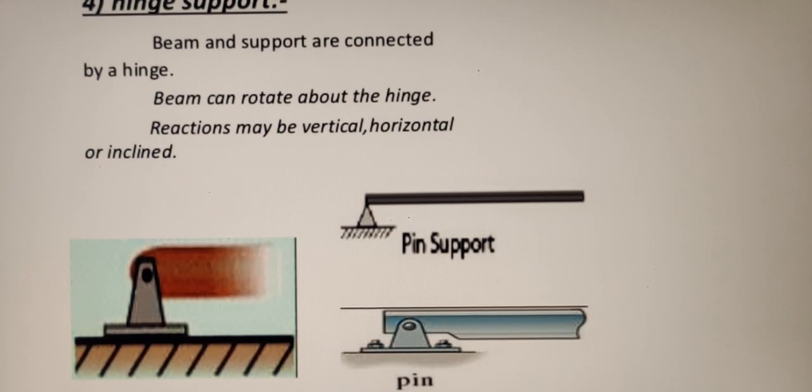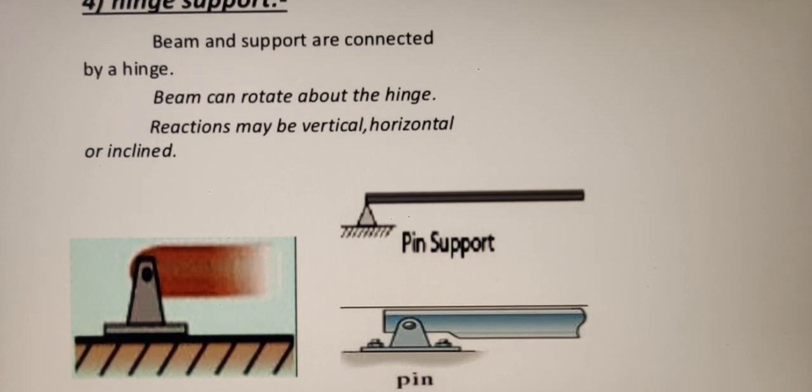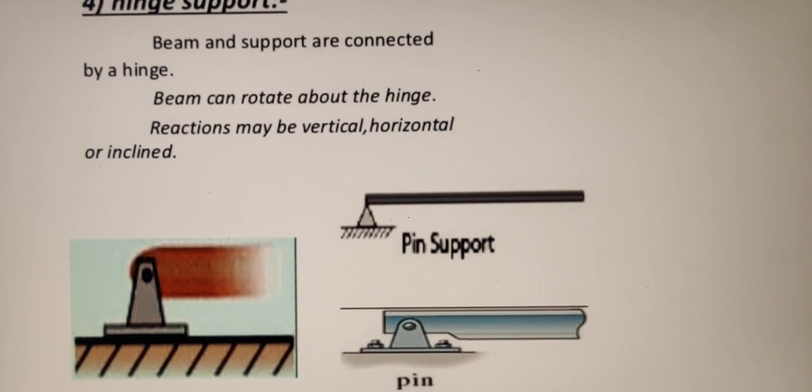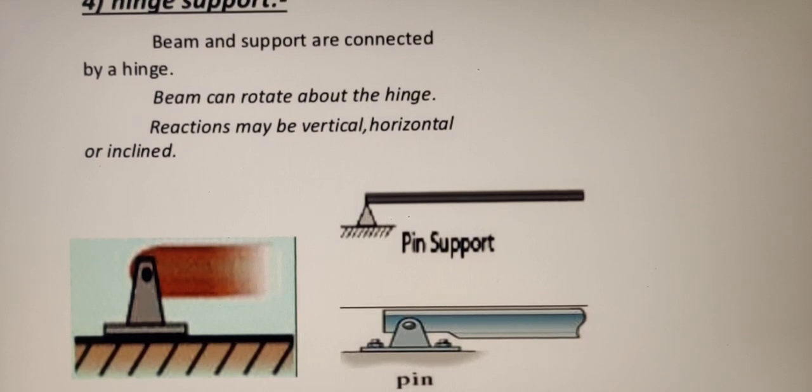At the pin support, there is restriction to vertical movement as well as horizontal movement, but it permits the rotation. Since they have vertical and horizontal reactions, the resultant reaction may be inclined. The notation for the pin support is shown in the first figure.